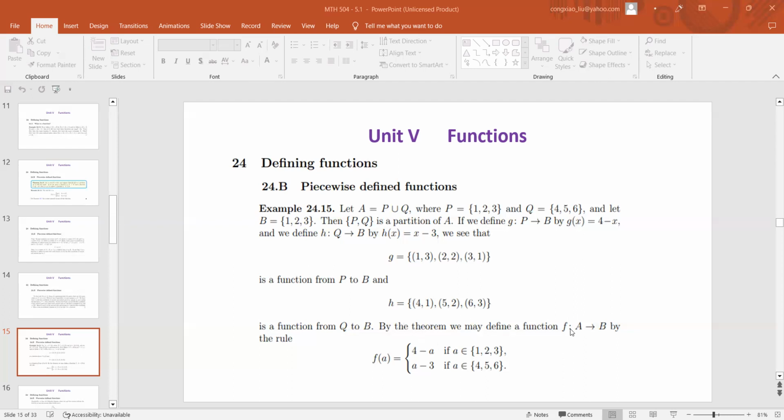We call it F from A to B. By this rule, F of A equals 4 minus A, which takes the value of G when A is in 1, 2, 3, that is, A is in P. And it takes the value of H when A is in the set of 4, 5, 6 in Q. When A is any of 4, 5, 6, which is Q, that's A minus 3. So that's H. So we define the piecewise function this way.